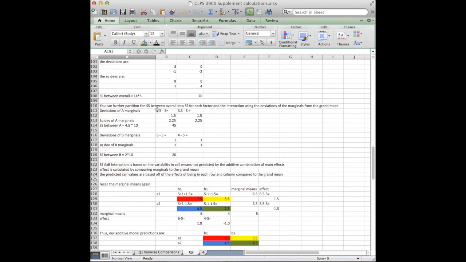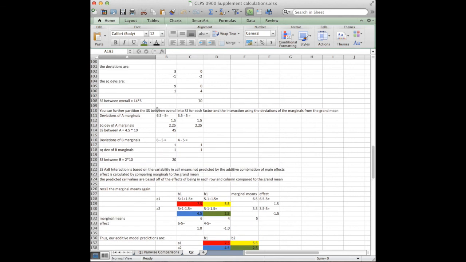So in this case, we had the marginal of 6.5 for A, and subtract the grand mean, which was 5, and that gives you 1.5. And then likewise, we had another marginal of 3.5 minus 5, the grand mean, and that gave us -1.5.